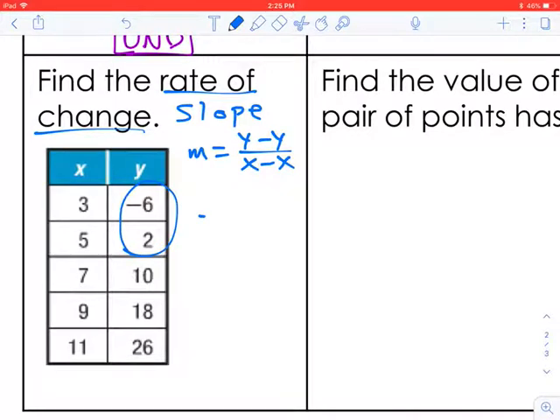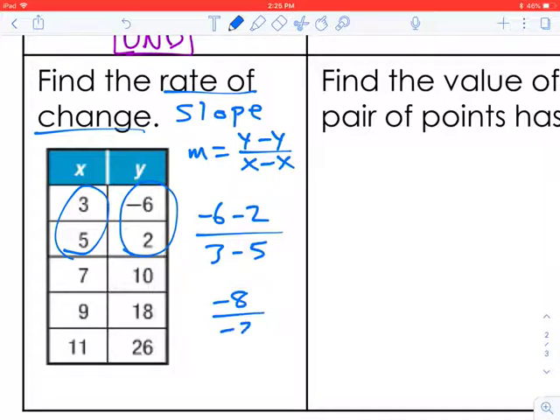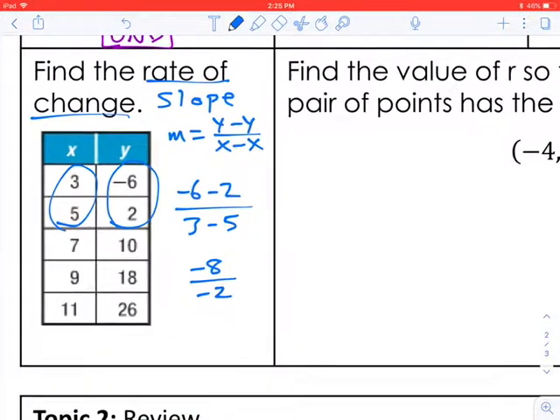So negative 6 minus 2 over 3 minus 5. Okay, and that's it. So I just go ahead and work that out same way I did the other one. So negative 6 minus 2 is negative 8. 3 minus 5 is negative 2. And then I simplify. So negative divided by negative is a positive. 8 divided by 2 is 4. And I'm done.